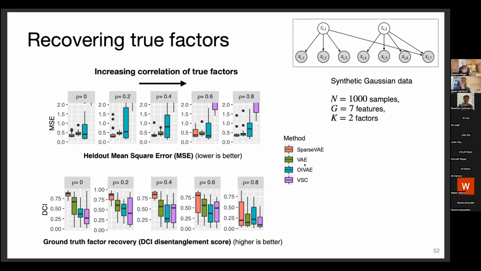We can see that the sparse VAE, compared to the VAE, OVAE and variational sparse coding, has the best DCI score. The score degrades as the correlation in the factors increases, as we might expect. It's harder to disentangle these, but it's still doing fairly well up to even moderate correlation levels among our factors, which is nice.